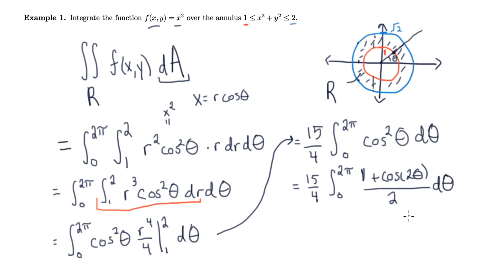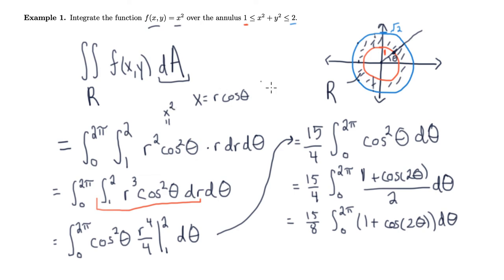Okay, so this is just a good calc review. And so we can factor this 2 out, and so we'll have 15 over 8, and then we integrate from 0 to 2 pi of 1 plus cosine 2 theta d theta.